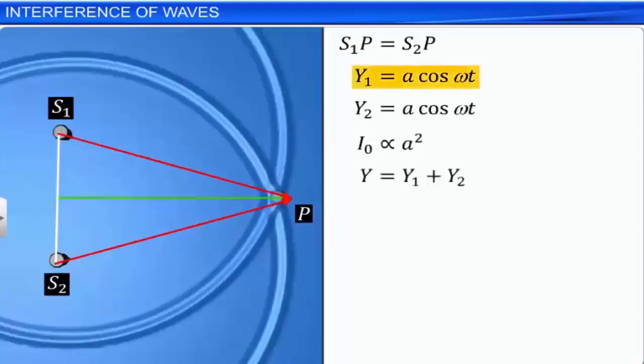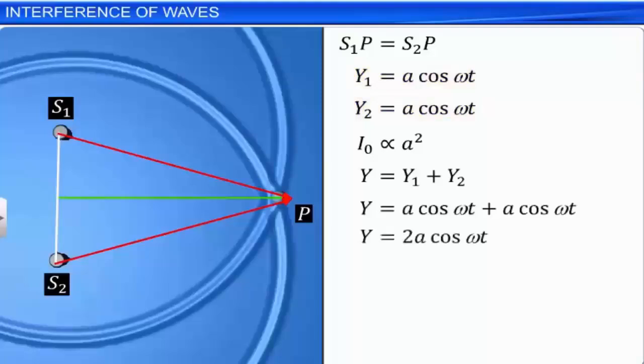On substituting the values of y1 and y2, we get y = 2a cos omega t. If I is the resultant intensity at P, then I is proportional to 4a square. In terms of intensity of individual waves, I = 4I0. The resultant intensity is 4 times the individual intensities. Hence, we say that the two waves interfere constructively.